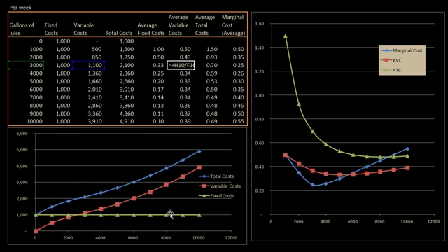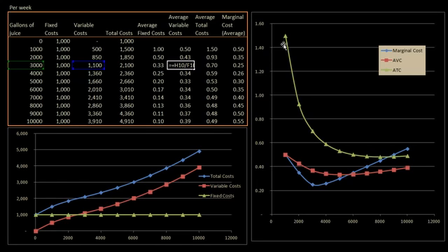Another way to think about it, referring to the last video: at any one of these points, your average variable cost is the slope between that point and the origin, while the marginal cost is the slope between that point and the previous point. So the marginal cost is really showing how much those next incremental oranges are costing you, not just how much all of the oranges on average are costing you. That's why the marginal cost curve captures how much that very next set of 1,000 gallons worth of oranges is costing you.